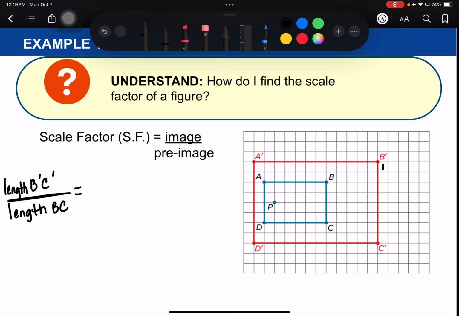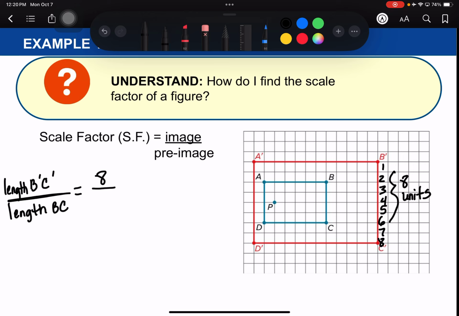You count 1, 2, 3, 4, 5, 6, 7, 8 units. Because remember, it's the length of the image divided by the length of the pre-image.